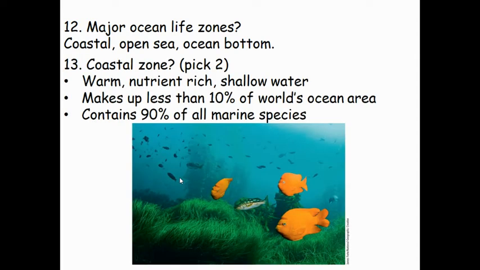Coastal zones, they're warm. It's because they're shallower. Lots of nutrients. So they make up less than 10% of the world's ocean area, but they contain 90% of marine species. And a lot of this has to do with coral reefs. Like I say, coral reefs are habitat for many fish.